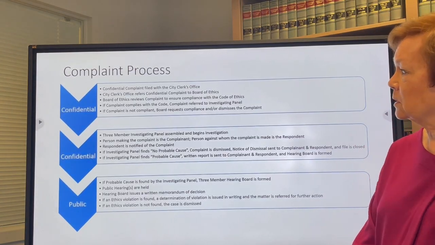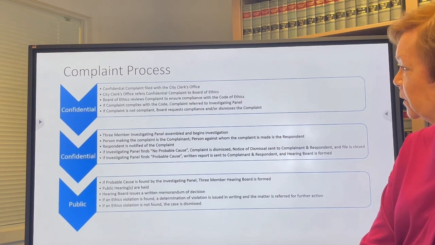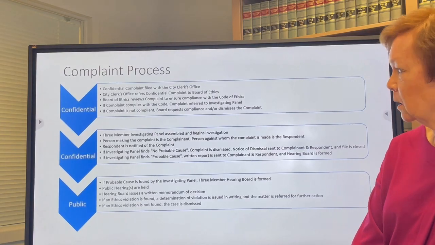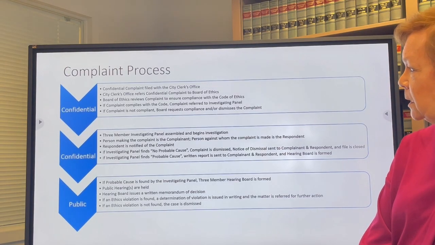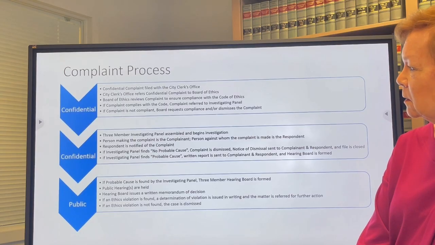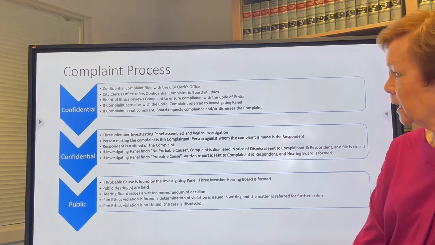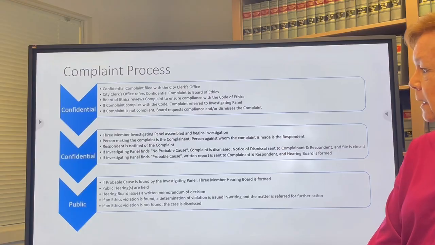So these next 2 slides you'll see are a very specific step-by-step resource for the complaint process. You will find them in the Citizens Guide to the Code of Ethics, on page 9 and page 10.